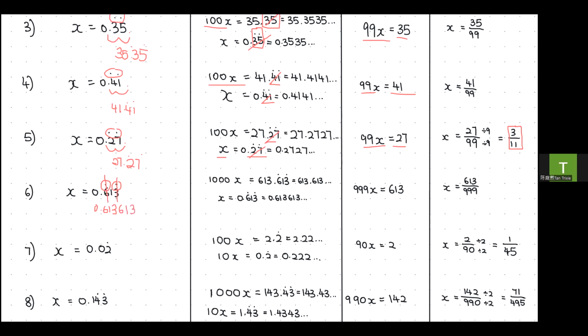So 0.613613. Because it has 3 decimal places, we times 1000, which moves 3 steps backwards to become 613.613 recurring decimal. If you write more than 2 dots, you are wrong. For this question, you must write 2 dots at the 6 and the 3.